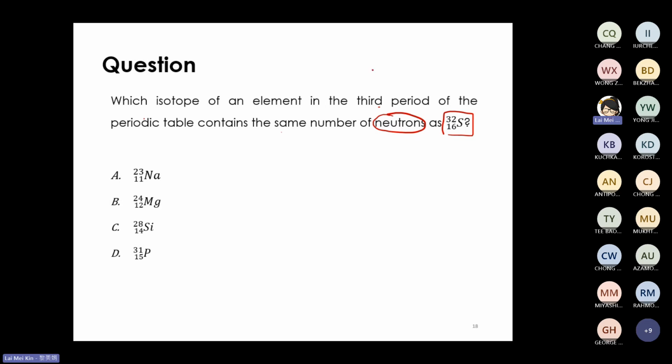Okay, how many neutrons are there in sulfur-32? 16 neutrons. So which of the following also has 16 neutrons?